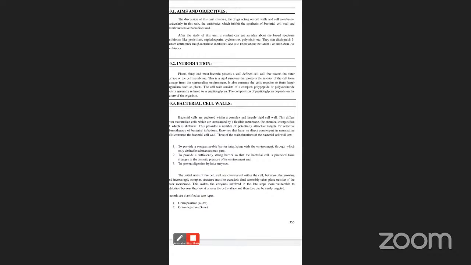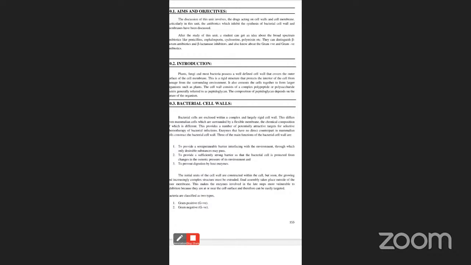Biology people will know the structure of the bacterial cell wall, and are very familiar with it. Generally, bacteria are of two types: gram positive bacteria and gram negative bacteria. They have the idea about these types of bacteria.